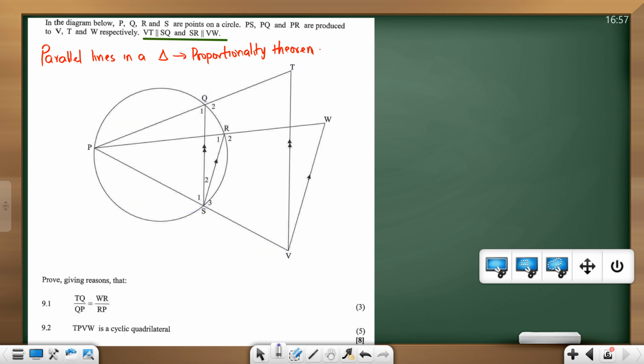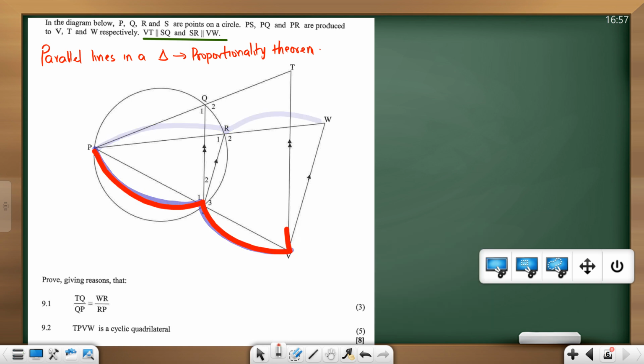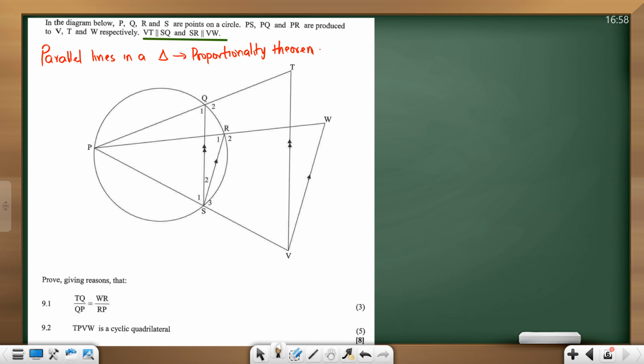I'll repeat if I need to repeat, but do you see my highlights? Let me repeat. This is equal to that, but that is equal to that. One side has a relationship with two different sides from two different triangles. So I'm done. 3 marks. I am so done. TQ over QP. Let me write the triangle so that it's easy for us to see. Consider triangle PTV.